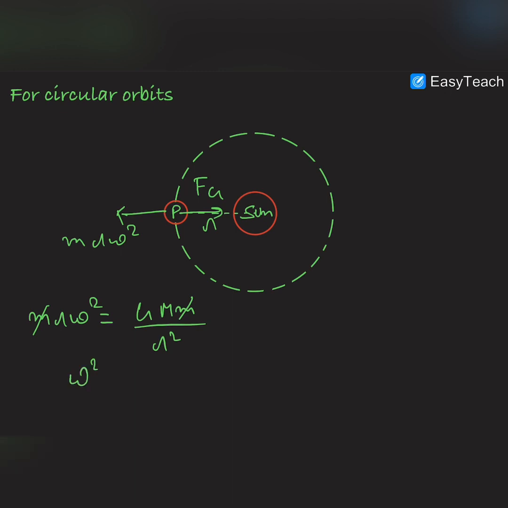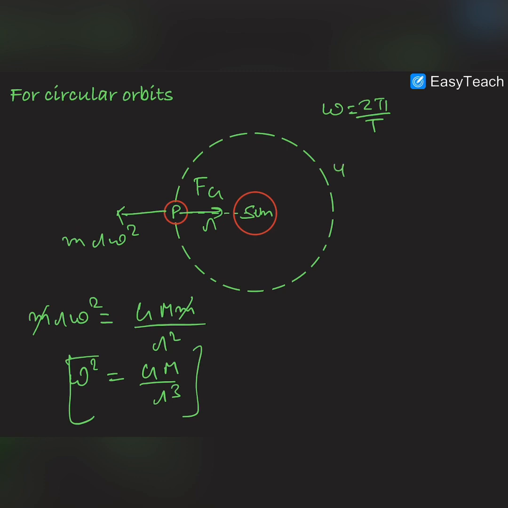So omega square is equal to GM by r cube. And you know that omega is 2 pi by T. Now we can substitute the value of omega in this equation.